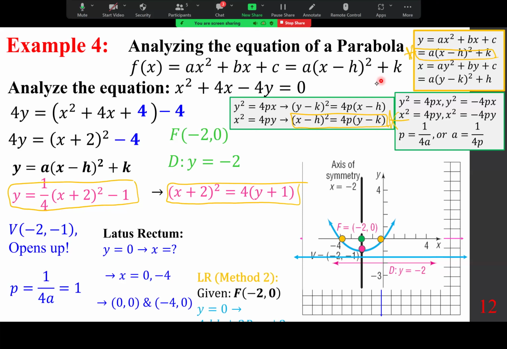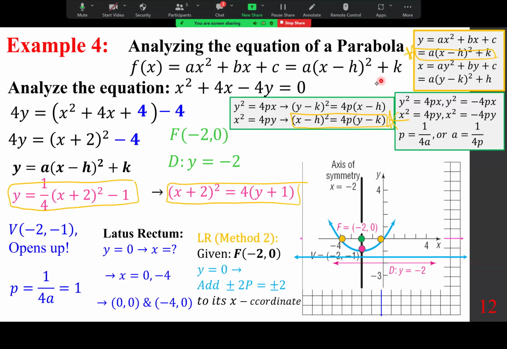And again, the second method for the latus rectum: the focus is located at (-2, 0). The y coordinate is 0, and it has to remain 0 for any point on this line. For the x coordinate, 2 times p, which is 1, makes 2.